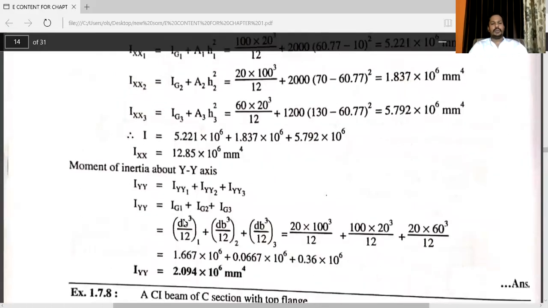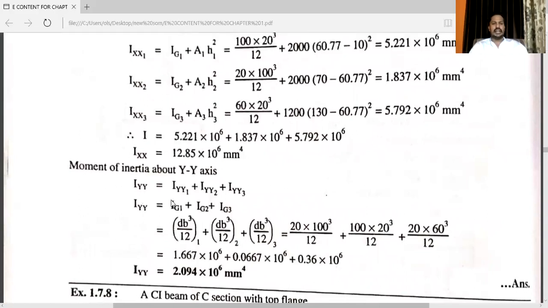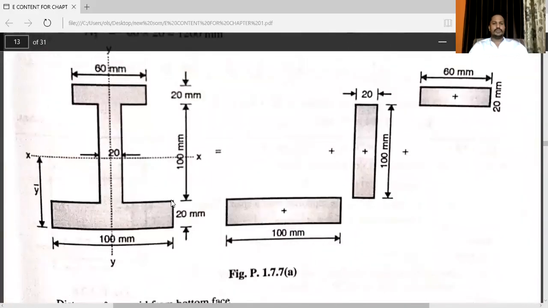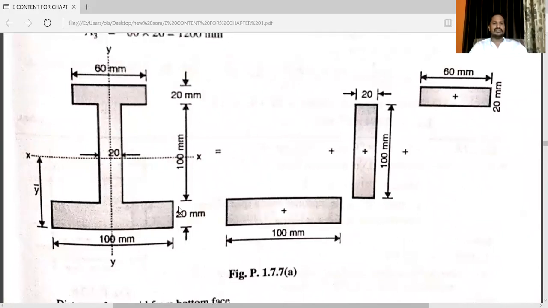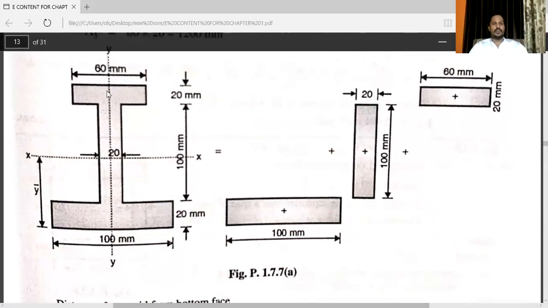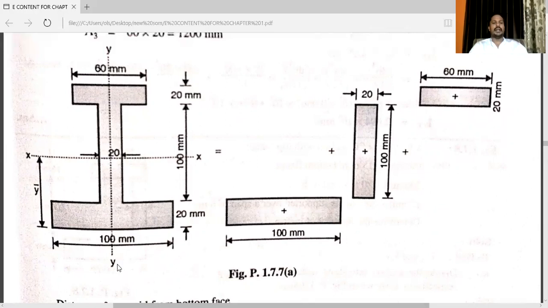See here, I want to explain a very important point. In this diagram, just see, the diagram is symmetrical about the y-axis. So for the first, second, and third rectangles, the centroid point of the first rectangle, the centroid point of the second rectangle, and the centroid point of the third rectangle pass through the vertical axis y.